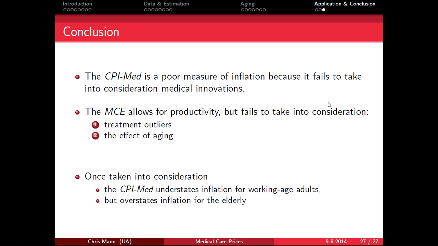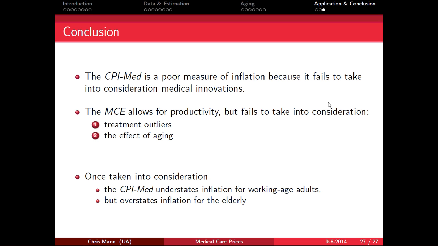But the problem is that that's not completely true, right? Because there are two other effects that lead to the MCE being downwardly biased, right? One is the treatment of outliers, and we found that if outliers are properly accounted for, they could cause the MCE to grow by about 0.3% more per year, right?